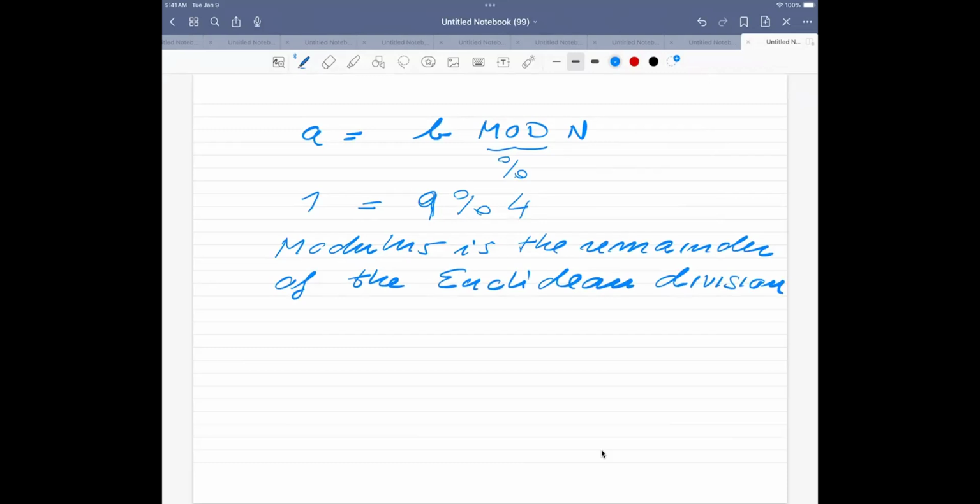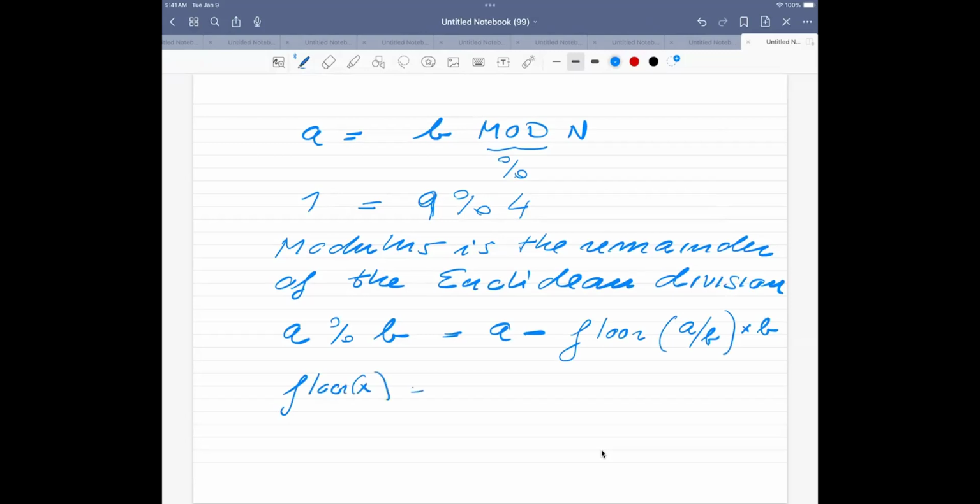If you look at the way you would encode this, a modulus b is the same as a minus the floor of a divided by b, times b. And just to remind you, the floor of x is the largest integer which is not greater than x.